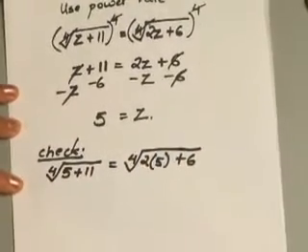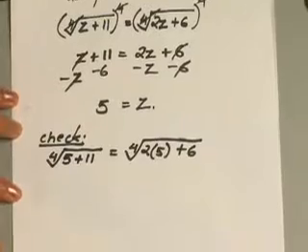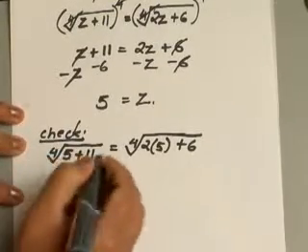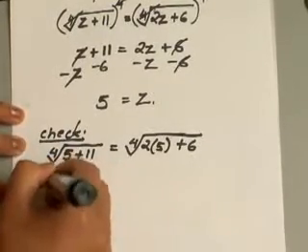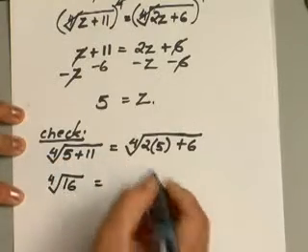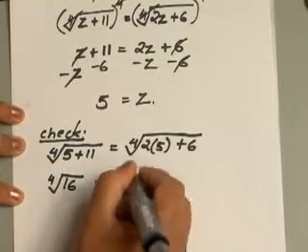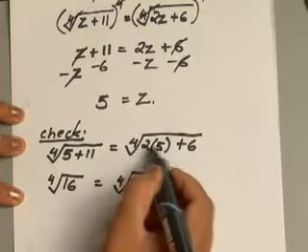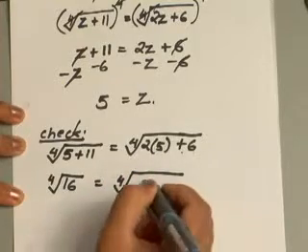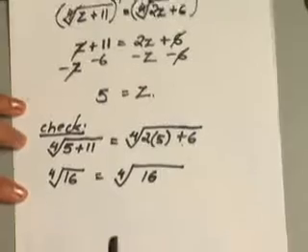And let's see if we end up with a true statement again. So 5 plus 11 of course gives us 16, fourth root of 16, and then here you can see 5 2s are 10. 10 plus 6 will also give you 16.